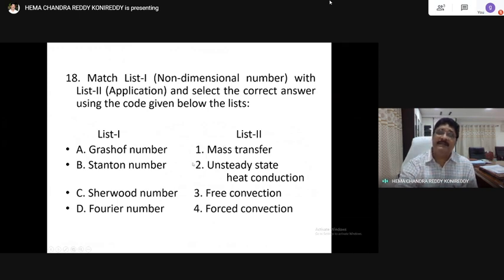It is a number that comes in mass transfer. Now, where is the Fourier number coming? Fourier number and Biot number, both of them we have discussed in unsteady state heat conduction. So when you could match Grashof number to free convection, Stanton number to forced convection, Fourier to unsteady, the remaining Sherwood number automatically matches the mass.